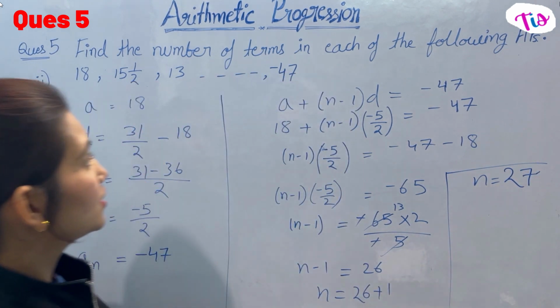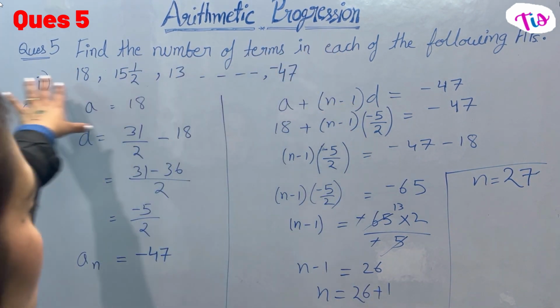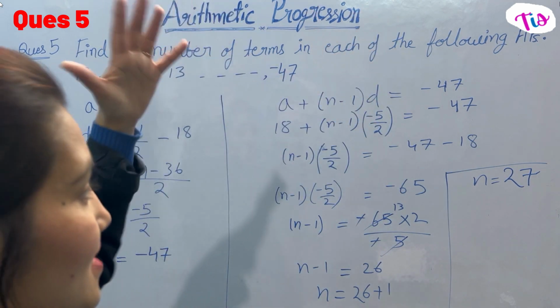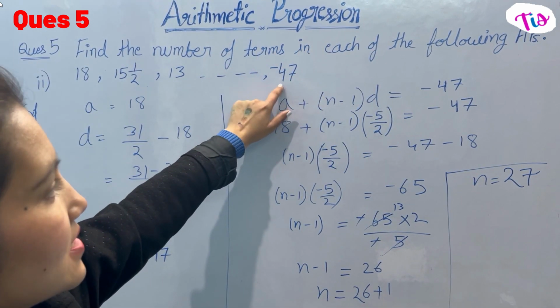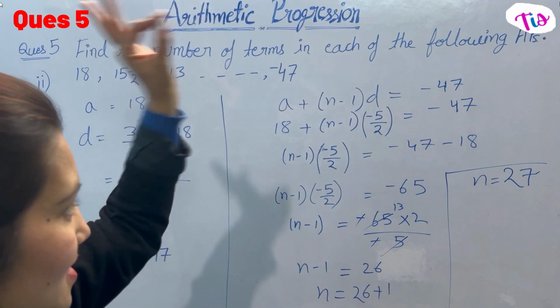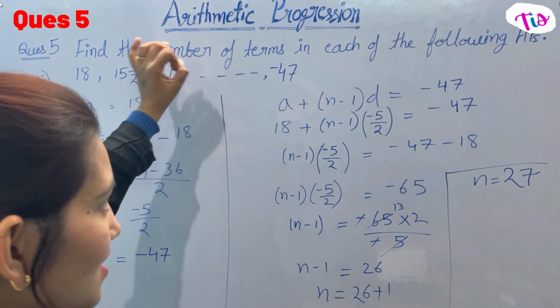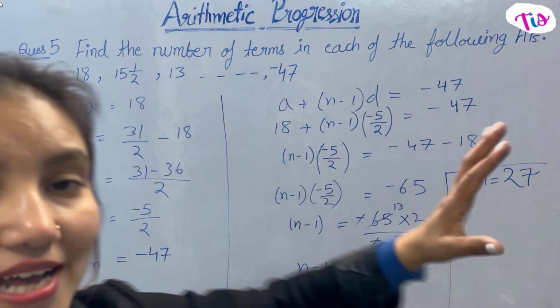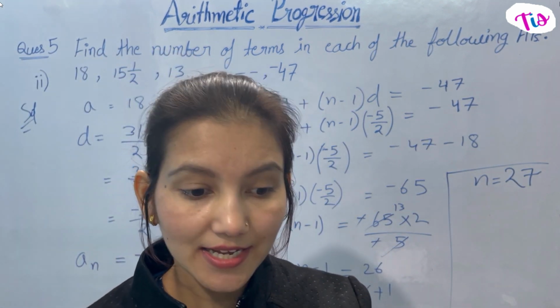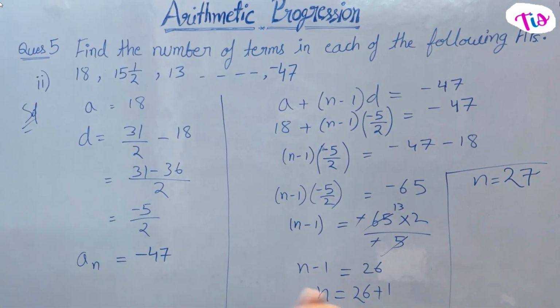Okay, so this AP has how many terms? 27 terms in all, and this is the 27th term. The 27th term of this AP is minus 47, and this AP in all has 27 terms, right? Let's move to question number 6 now.